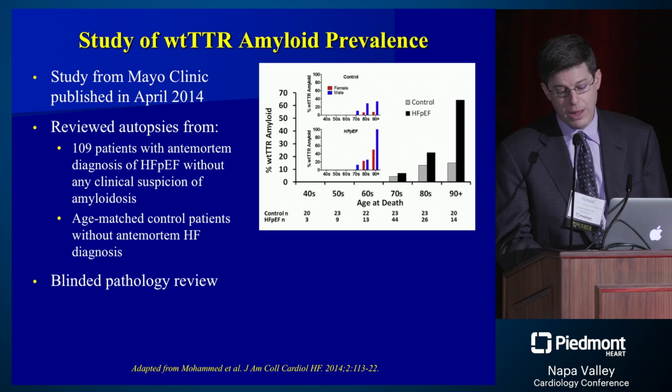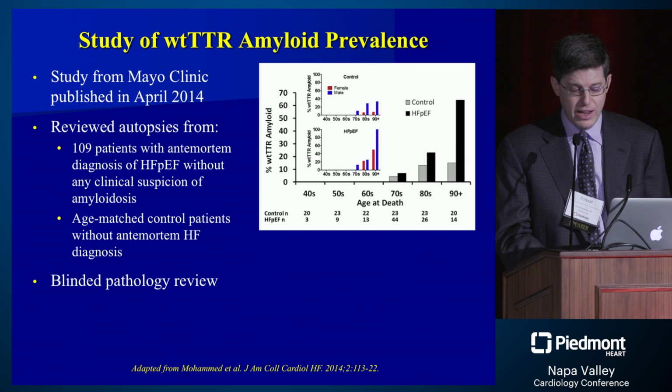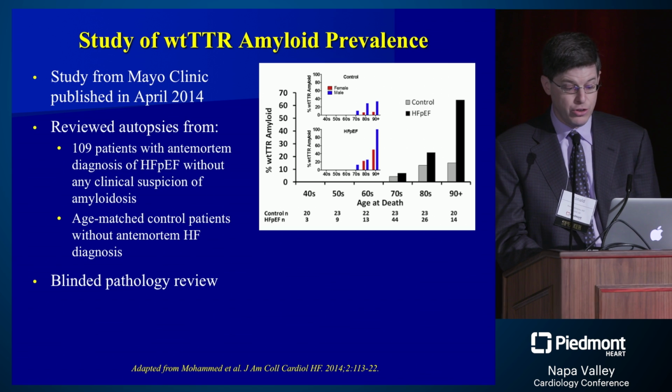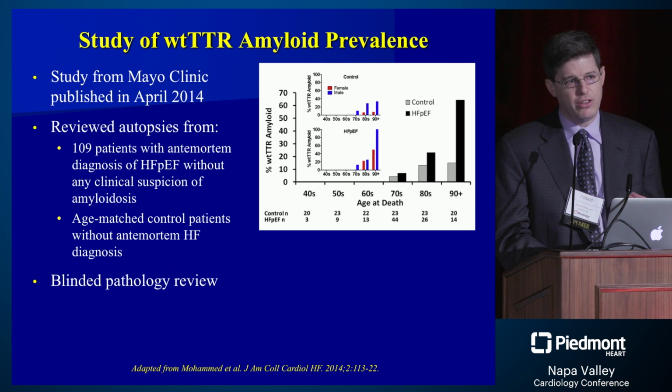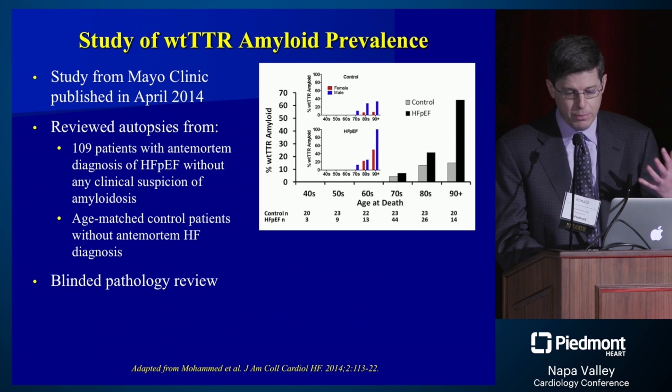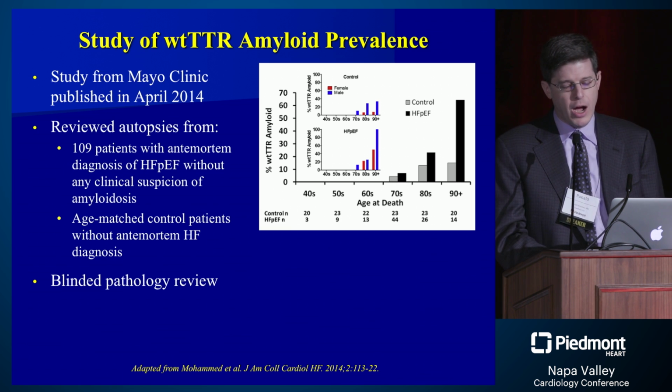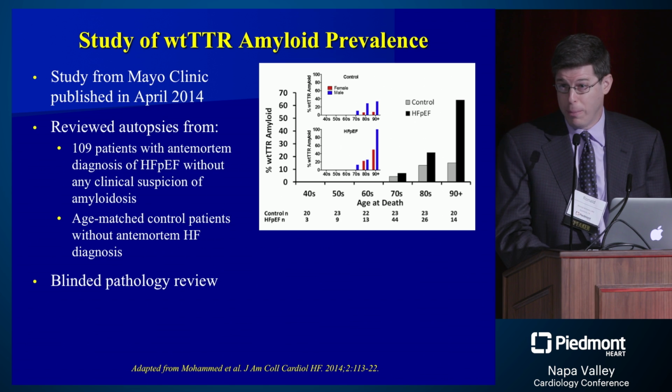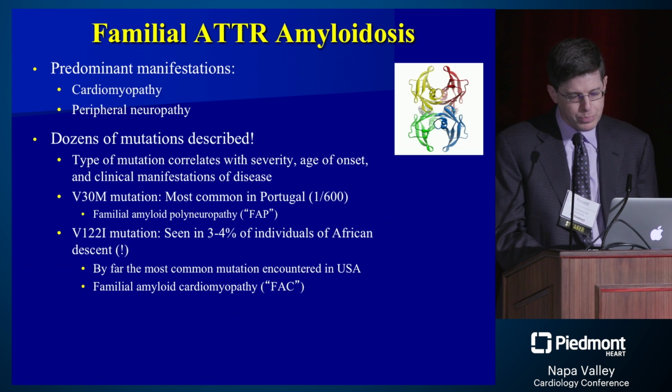One, if you focus on the black bars, is that as you get into the 80s and 90s, patients who died of diastolic heart failure were quite likely to have actually had lots of amyloid deposits in their heart as the probable cause of their disease, even though in none of these cases had there been suspicion by the treating cardiologist. Number two is that if you look at the control patients, about 15% of them in their 80s or 90s actually had significant amyloid deposits in their heart. So you can see that as people get older, this gets more and more common.